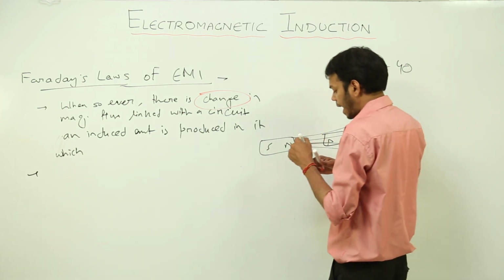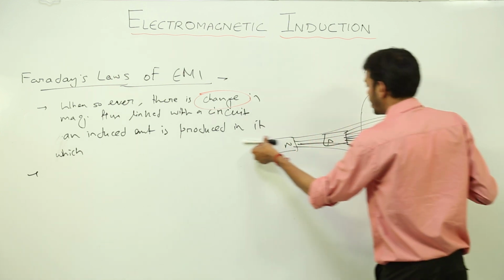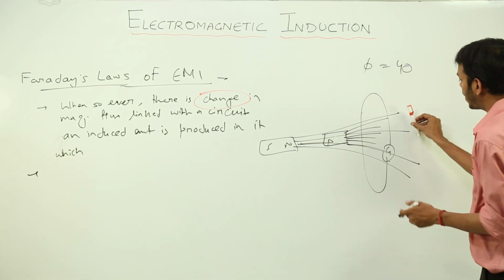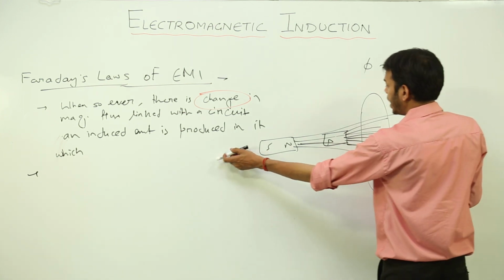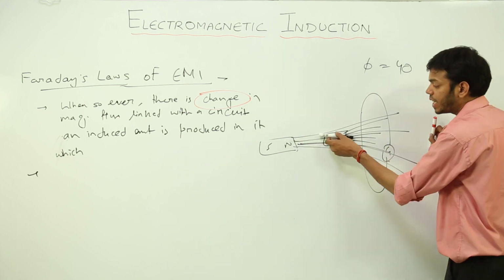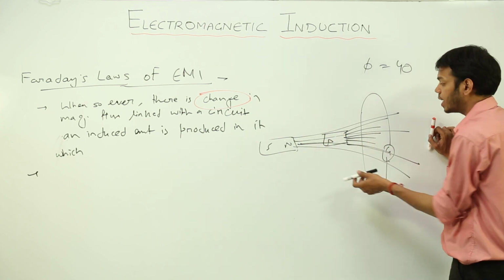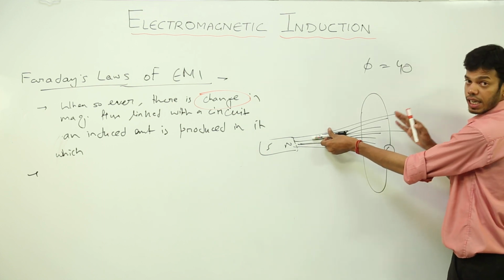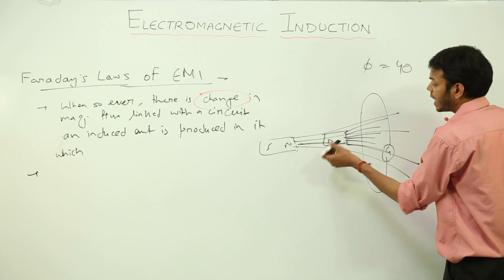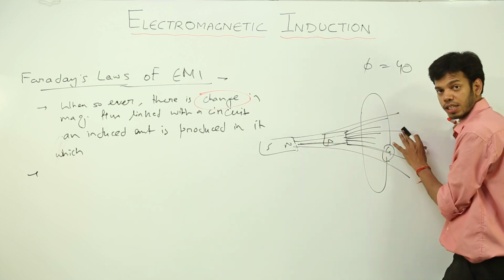For example, I have the magnet here, I brought it up to this point and it stopped. What will happen? The deflection in the galvanometer needle will be there only while the magnet is moving, because till the time it is moving, the change in flux is continuing, right? So when it is here, the flux is constant. Flux is not zero, it is constant. For example, I said 40 lines are passing through this loop.